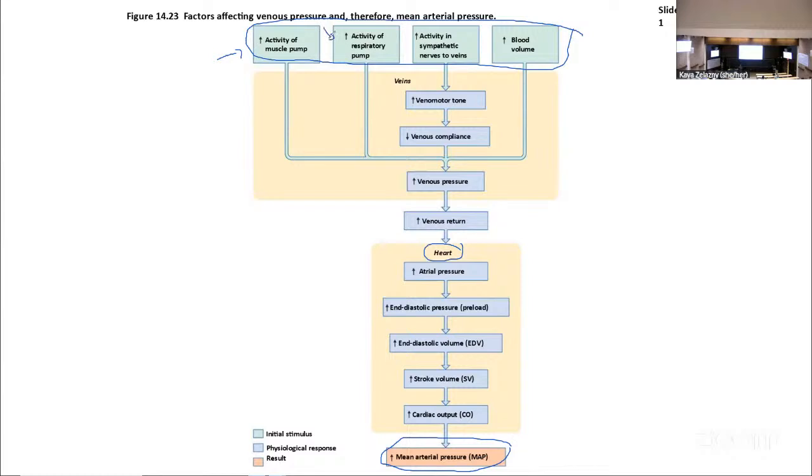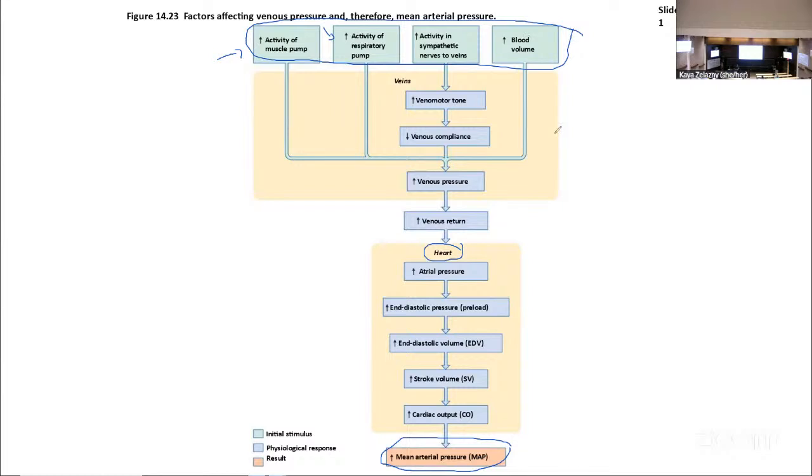So when we change pressures in the thorax, we can essentially suck blood up into a low pressure system like a vacuum. When we change nervous activity, we change our venomotor tone. So we also change the pressures in the veins, change our flow, and just the pure amount of blood in a vein can make a difference.